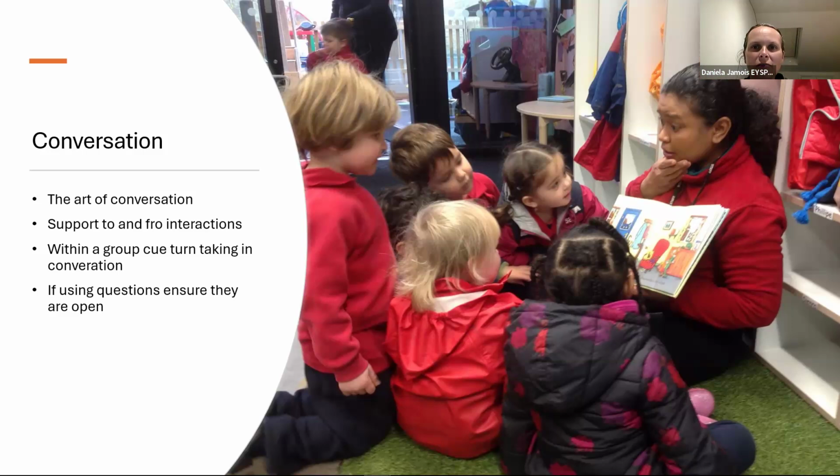So the art of conversation involves children listening and then responding, taking into account what they've just heard. So once they start doing that with each other, they're more likely to be able to do that respectfully, independently, without the adult being there.